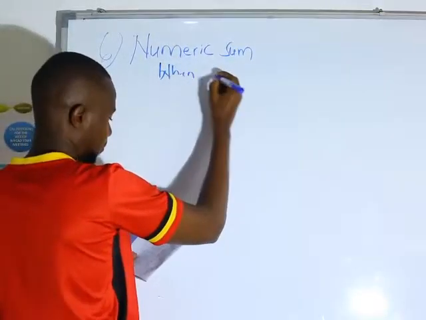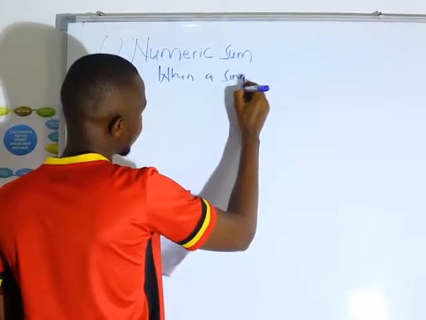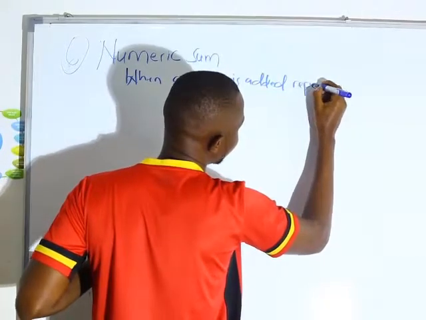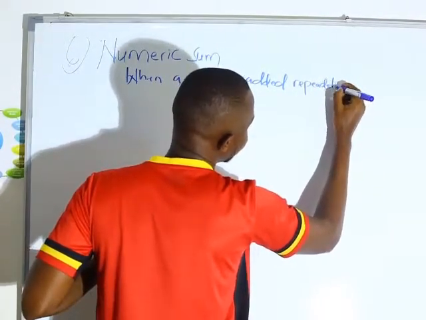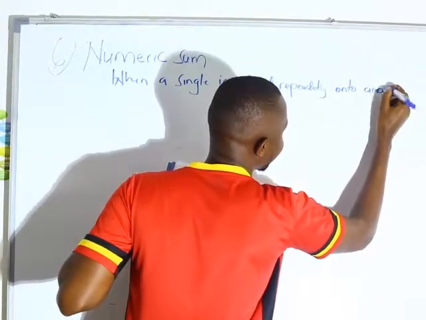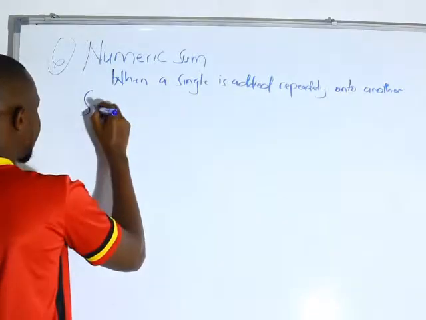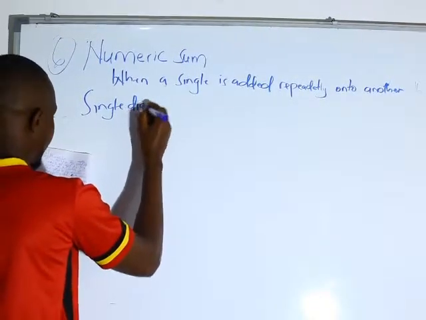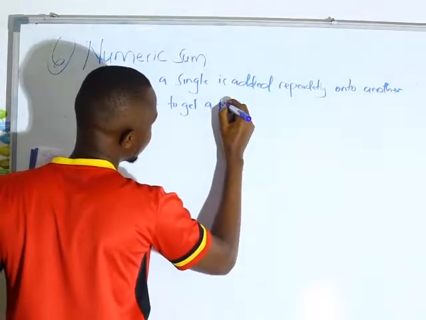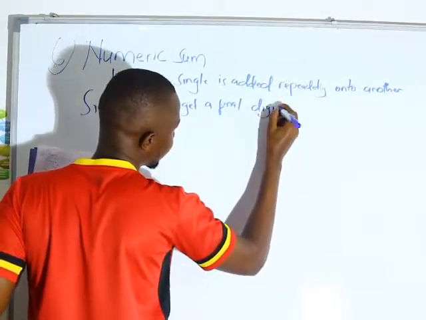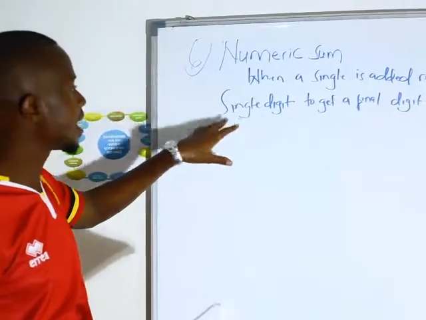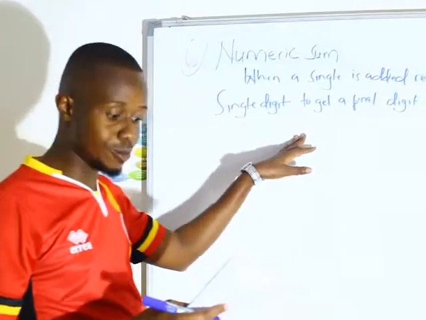When a single digit is added repeatedly onto another single digit to get a final digit, this is known as numeric sum.